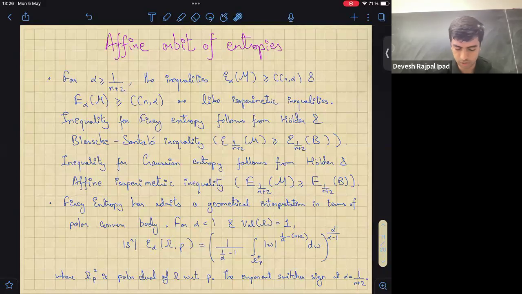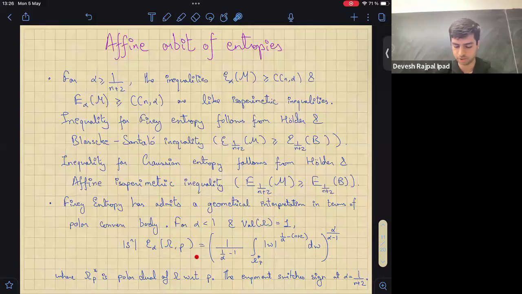Also, Firey entropy has a geometrical interpretation in terms of a polar convex body. So for alpha less than 1, let's say I fix the scale of my hypersurface using volume, so I fix the volume of the interior to be 1.